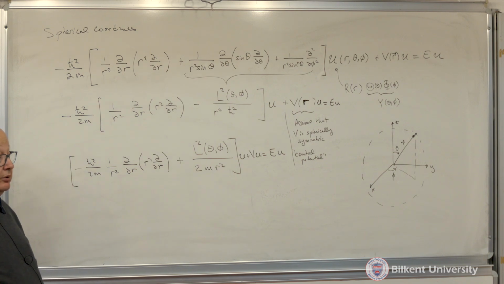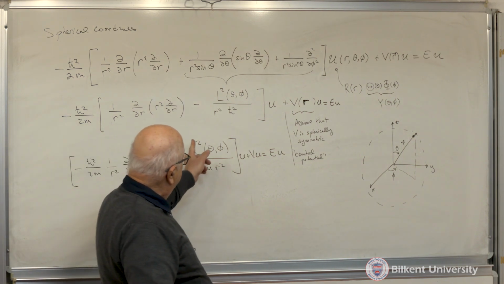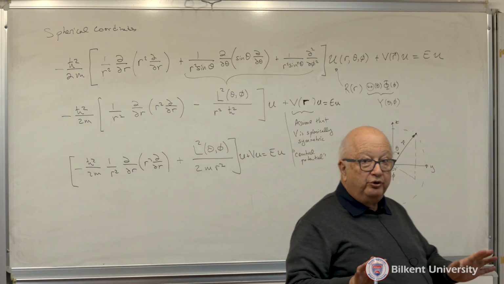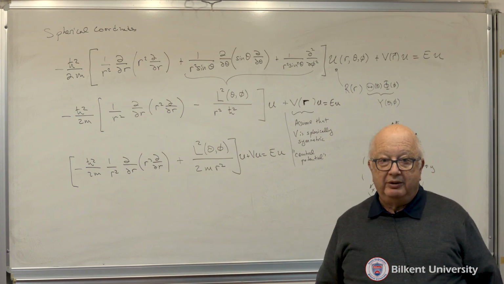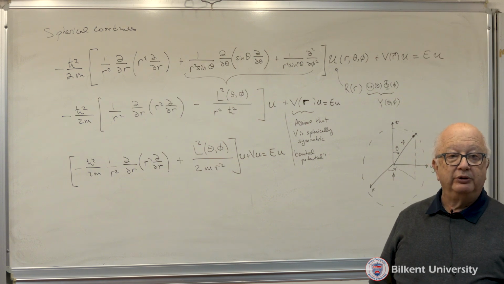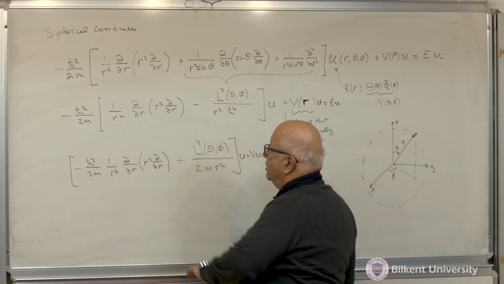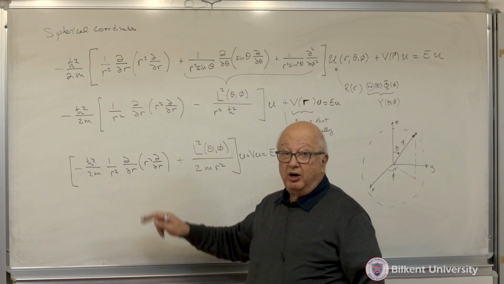Okay, so that's my Schrödinger equation. Now, when you look at this term, this is going to be a semi-quantitative, semi-qualitative argument. This term here involves a derivative with respect to r.